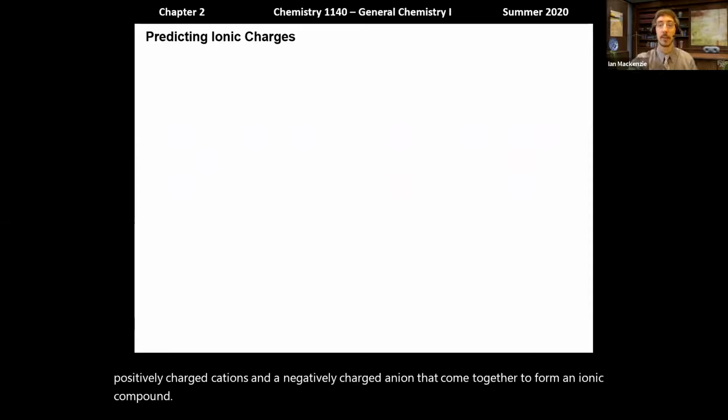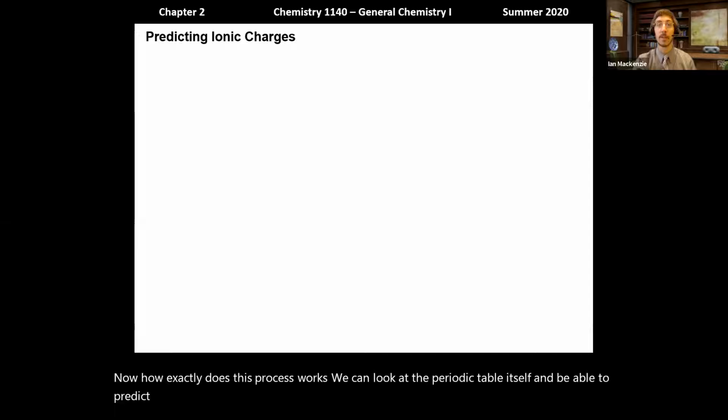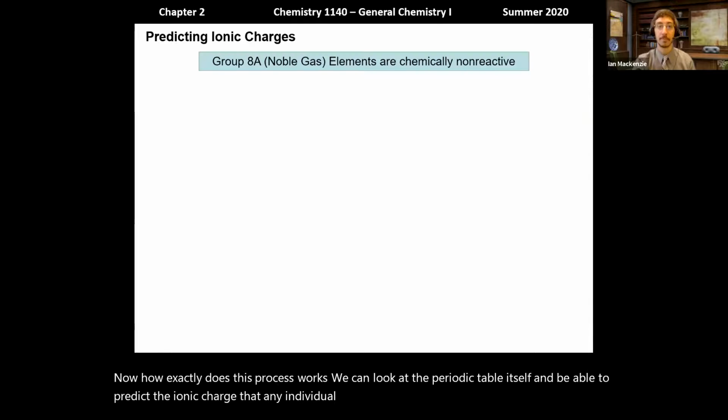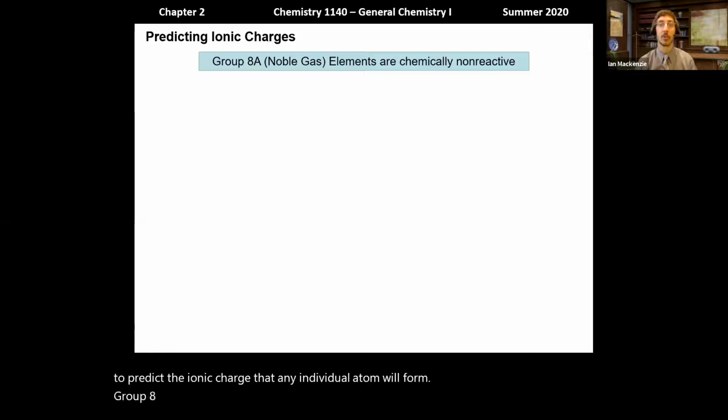Now, how exactly does this process work? Well, we can look at the periodic table itself and be able to predict the magnitude of the ionic charge that any individual atom will form. Group 8 noble gas elements are generally non-reactive, so they do not participate in gaining or losing electrons.